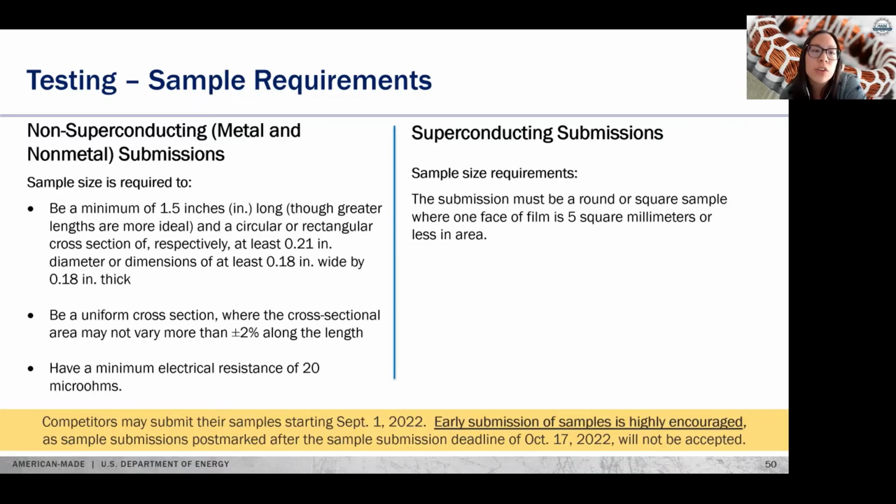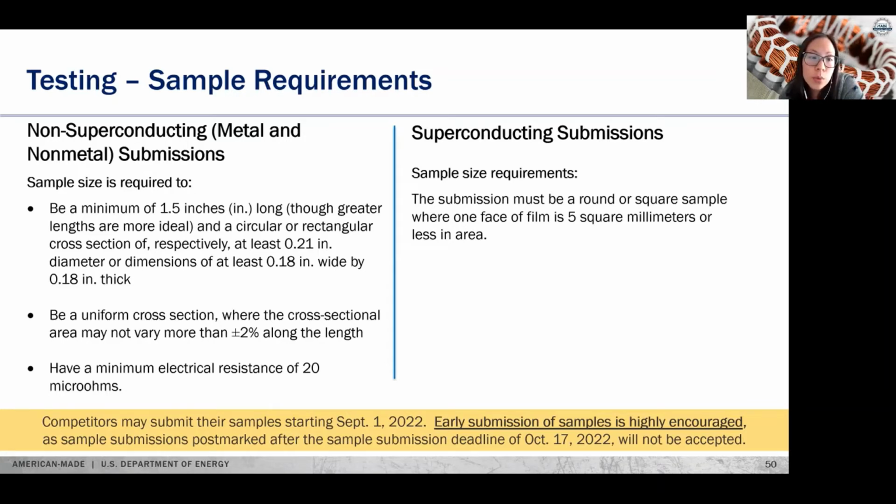For non-superconducting metal and non-metal submissions, they must be at least a minimum of 1.5 inches in length, although greater lengths are, of course, more ideal, and at least for a circular cross-section of 0.21 inches in diameter, or if it's a rectangular cross-section, at least 0.18 by 0.18 inches.